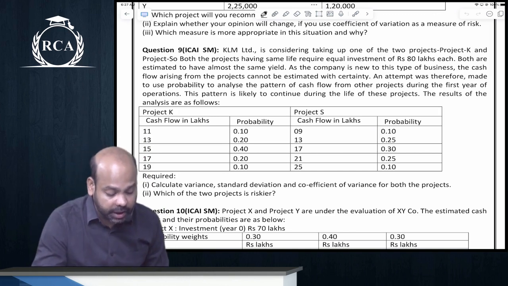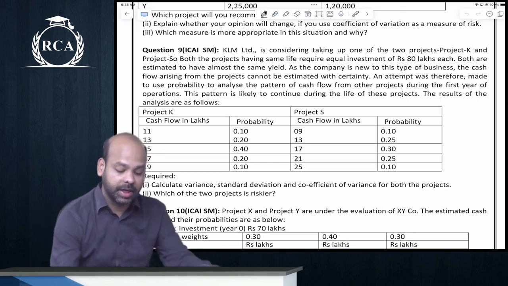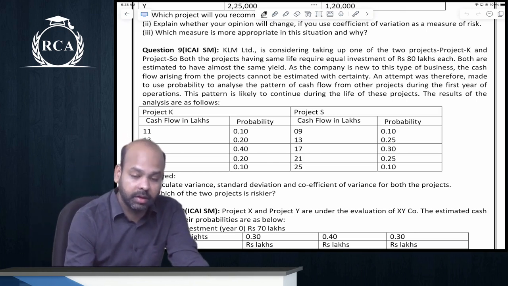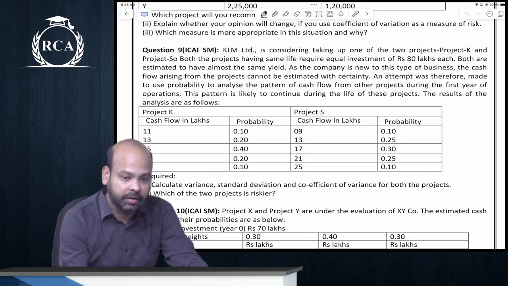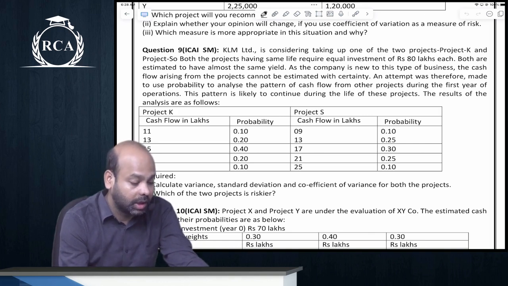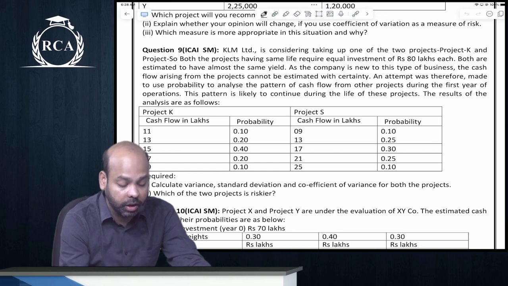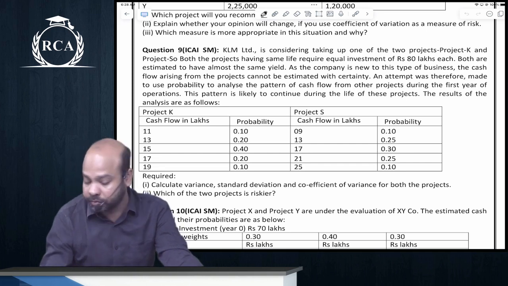Life of the project and discounting rate is not given. Hence, NPV cannot be computed.